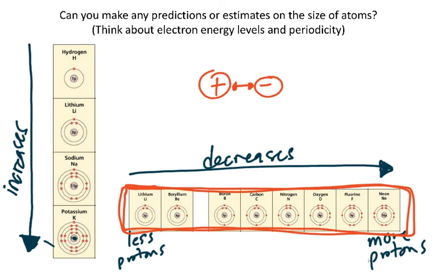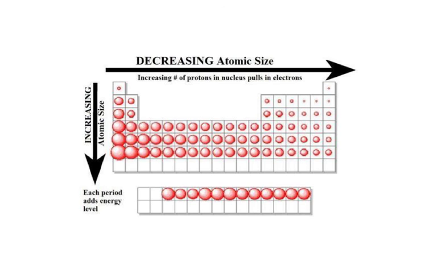So bonus question, where would the largest atom be and where would the smallest atom be? Here's a way of showing this. So the largest atom, right, is all the way at the bottom and all the way to the left, which is francium.